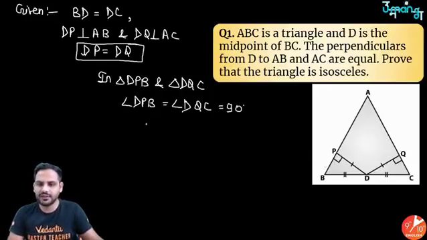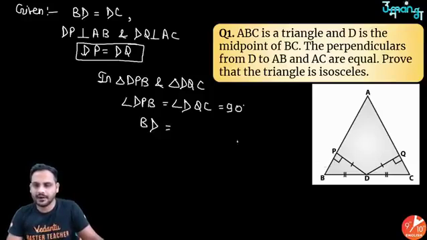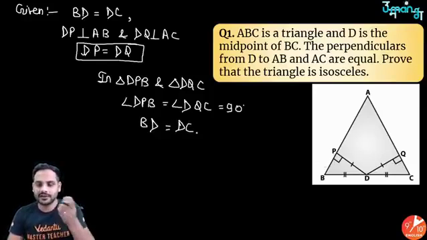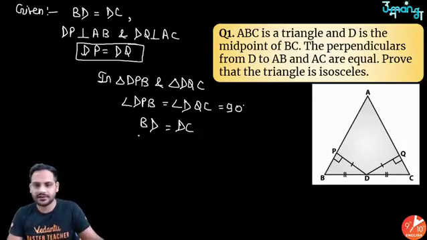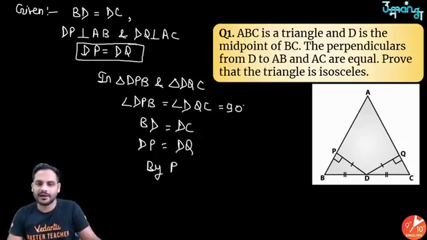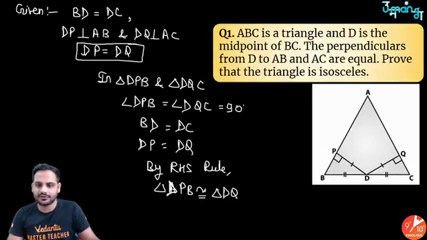Opposite to angle P we have BD, and opposite to angle Q we have DC, and we know BD and DC are equal to each other. Third, any side: here we have DP is equal to DQ. So by the right angle hypotenuse side rule, by RHS rule, I can say triangle DPB is congruent to triangle DQC.